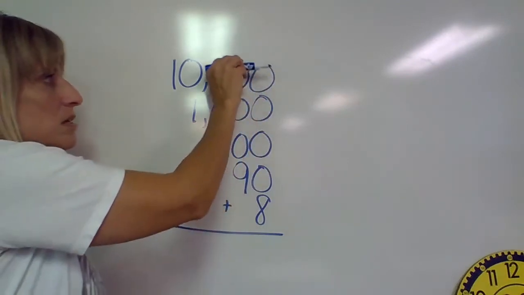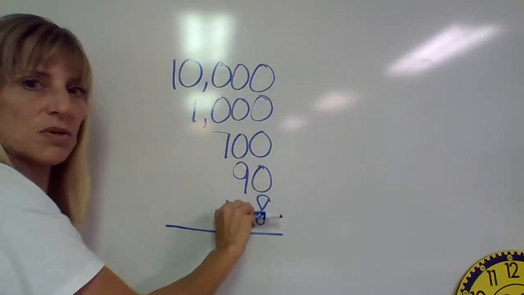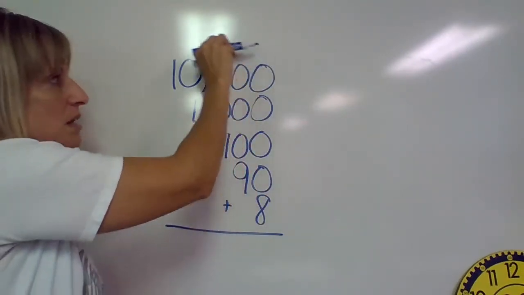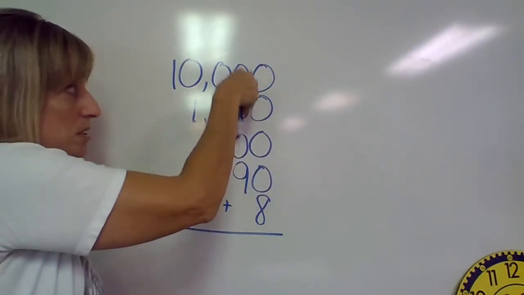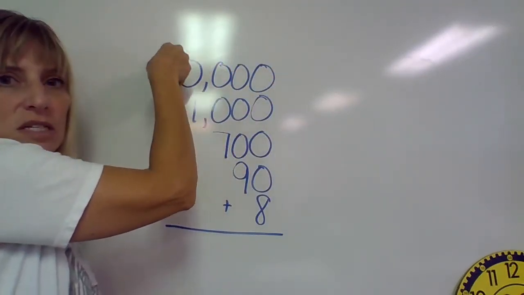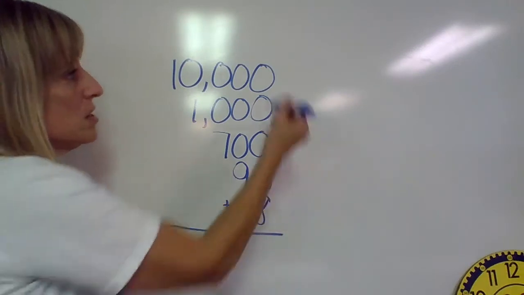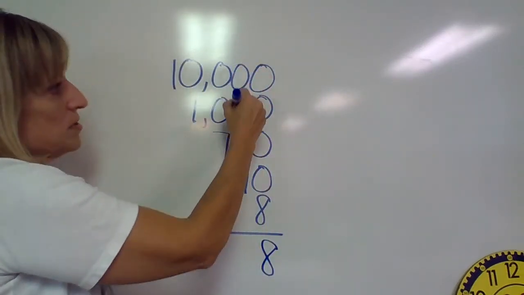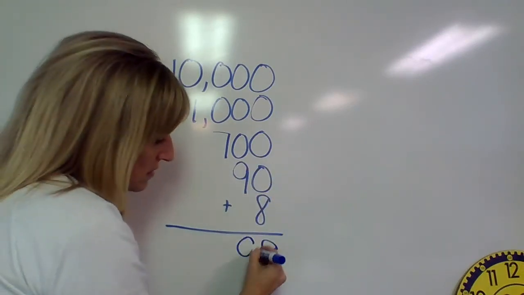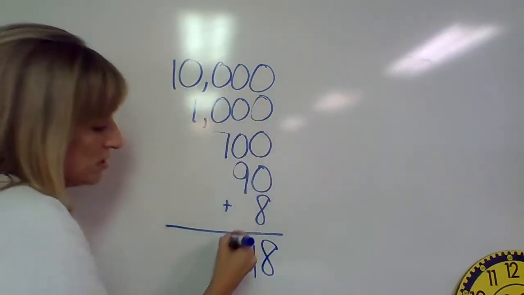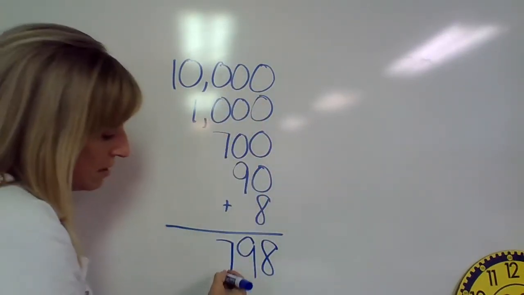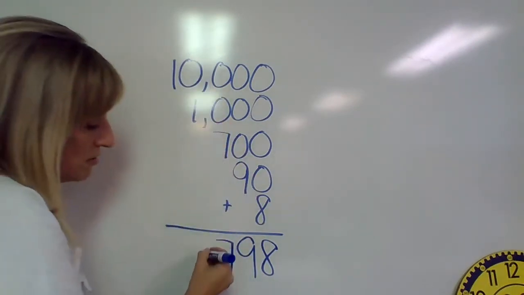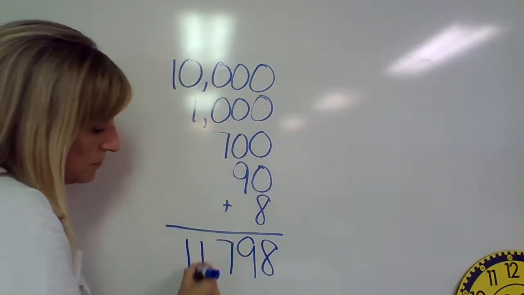Each one of these numbers should be set up exactly in the ones, the tens, the hundreds, the thousands, and 10,000s, or else it won't work out. So 0 plus 0 plus 0 plus 0 plus 8 is 8. 0 plus 0 plus 0 plus 9 is 9. 0 plus 0 plus 7 is 7. There's my comma. 1 plus 0 is 1, and then bring down that 1.